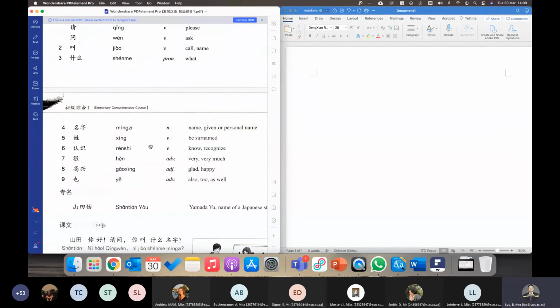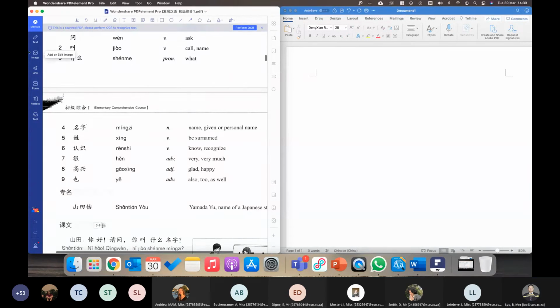认识, it is a verb. I will always refer to the vocabulary categories in case you haven't learned this in high school. But you should know the fundamental difference between a noun, a verb, an adjective, and an adverb. A noun is a thing, a verb is an action.